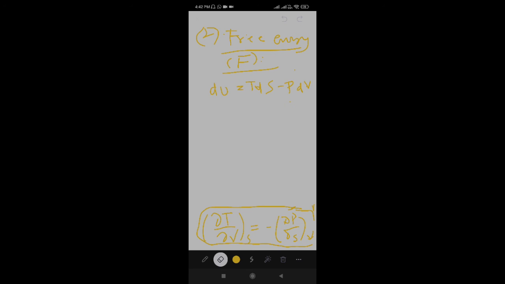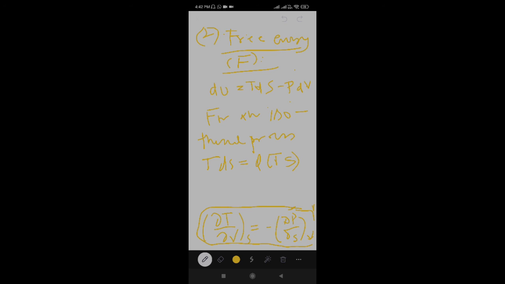In that case, for an isothermal process, TdS can be written as d of TS.